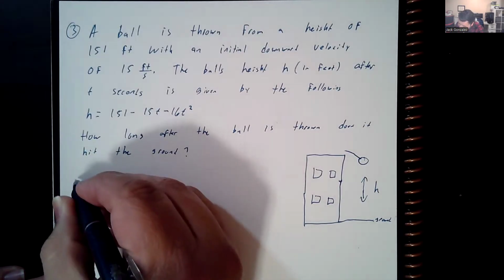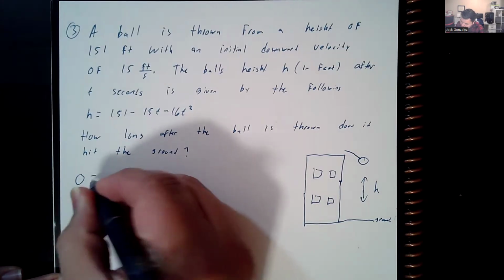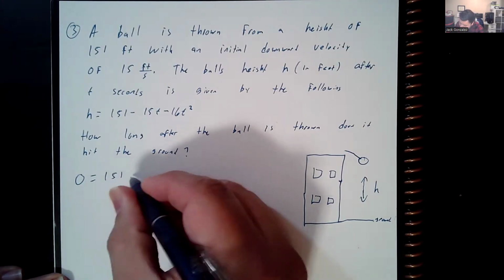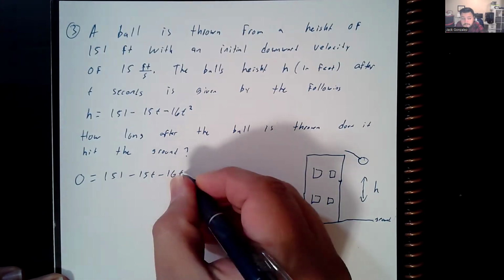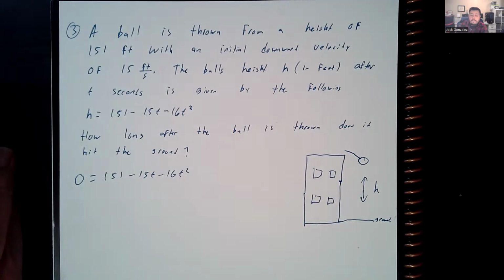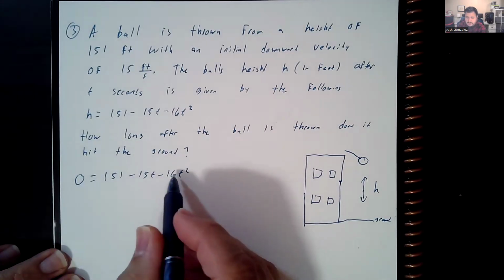So plug in zero. These are my t's. They don't look very good. I'm going to move everything to the left-hand side just because I want this to be positive.